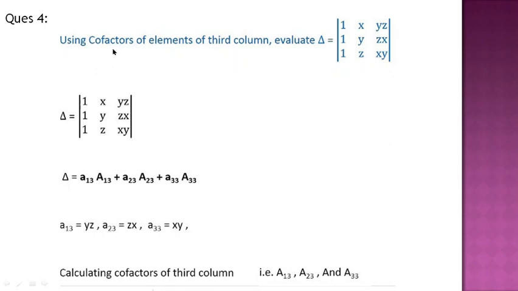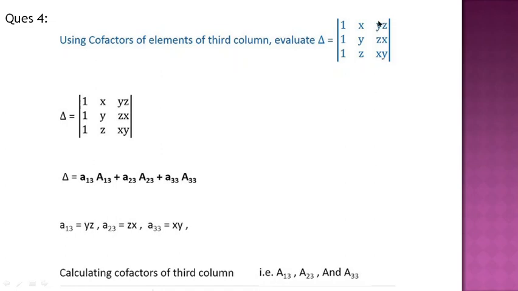Now using cofactors of elements of the third column, the thing that we just discussed, evaluate this determinant. Now we don't have to expand, we just have to find the value by using the elements and cofactors of the third column. So we have to consider the third column.